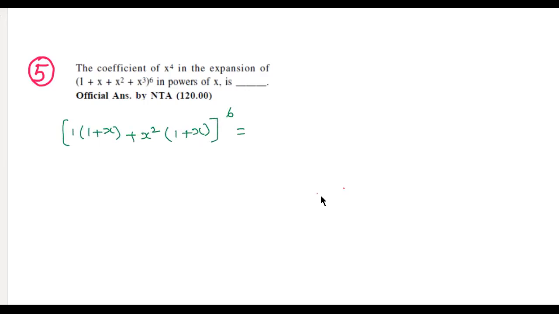Now observe the calculation. What we get? 1 plus x into 1 plus x square whole power 6. So we can write 1 plus x whole power 6 into 1 plus x square whole power 6.